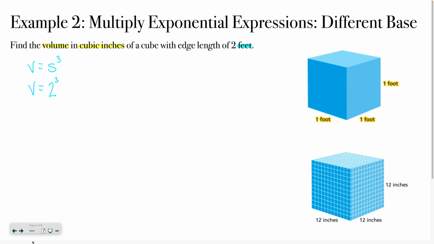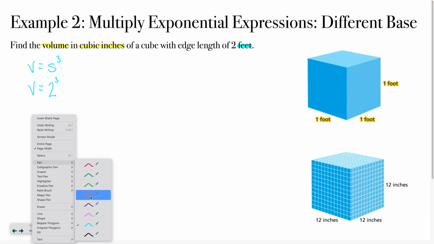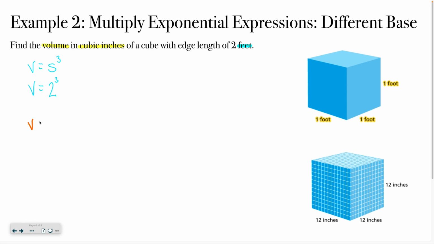All right, then if we were to switch over to the inches, what would the side length in inches be? The side length for inches would just be 12 inches if we were talking about just 1 cubic foot, right?